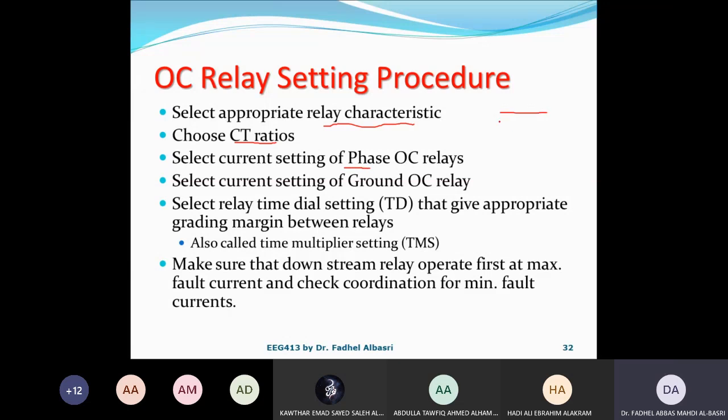We have three-phase systems, and I have three CTs here. Each CT goes to one phase overcurrent relay, and this then goes to ground, and this goes to the common ground, which is this with this with this.